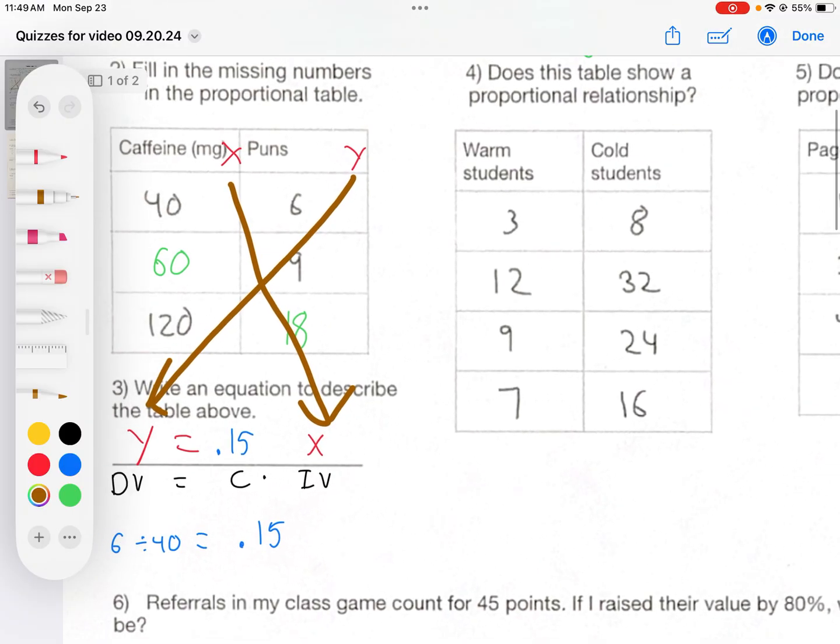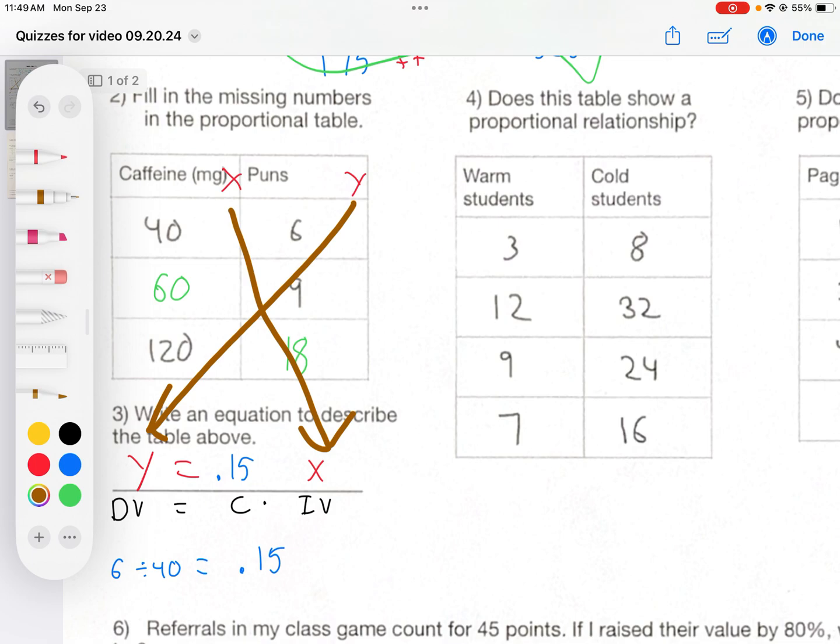All right, number four, we're asking, does this table show a proportional relationship? For this one, we're just doing right divided by left all the way down or until we find numbers that don't match. Because if the number doesn't match when we do right divided by left, we do not have a constant and we do not have a proportional relationship.